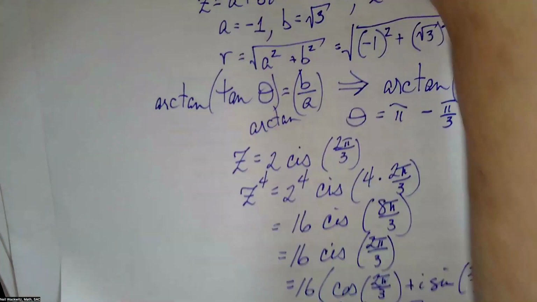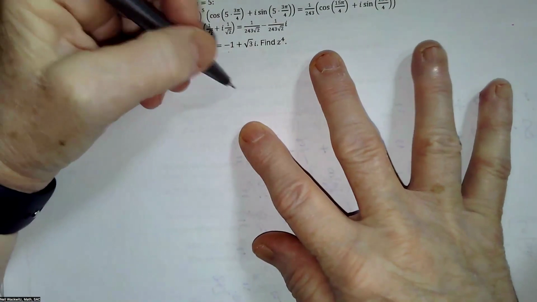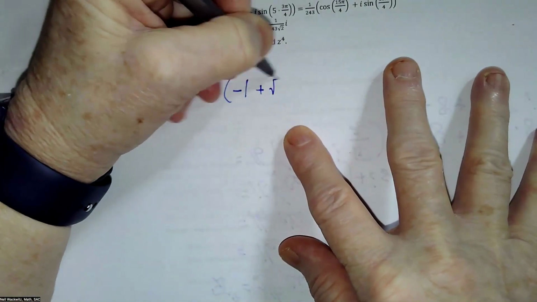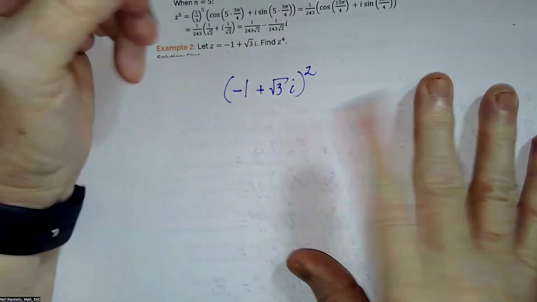Let's see what it looks like to take negative 1 plus square root of 3i, and let's just square it.